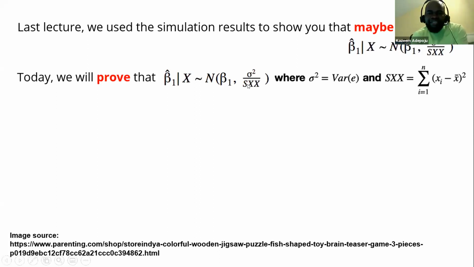And the SS that you see here is the sum of squared deviations around the variable x, and this is the formula right here. If you have a predictor variable, you find the mean, subtract the mean from each of the data points, square, then sum, and that is that.